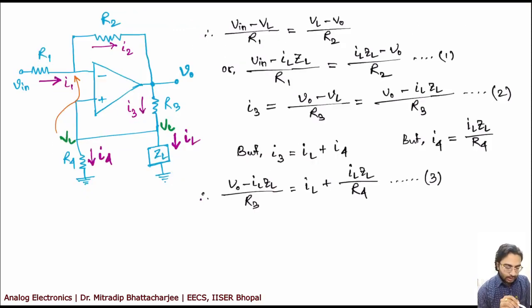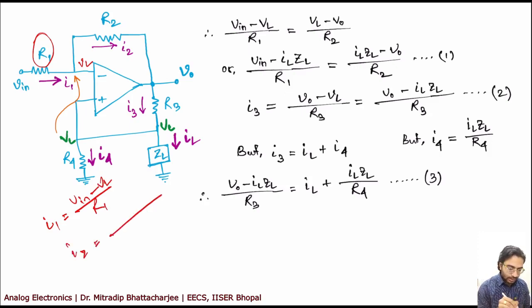Now, if you look at the current I1, it is nothing but Vin minus VL divided by R1. This is your I1, and your I2 is VL minus V output divided by R2.